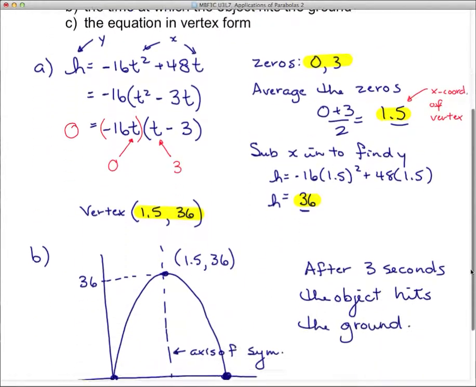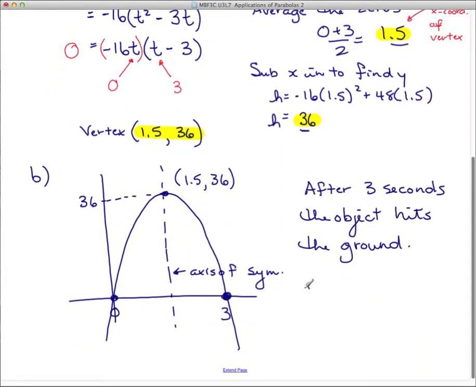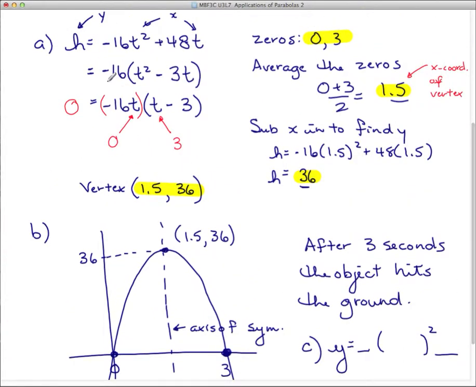Part C says write the equation in vertex form. Well, we've got all of this out. I'm going to write it with x's and y's. Y equals, we need blank, bracket, squared, and then a blank on the end. And I'm going to fill those in. I'm going to use a lighter color of blue here. The number out front, we're going to get from right there, the negative 16.